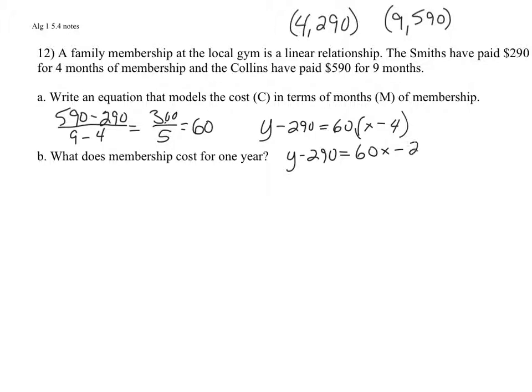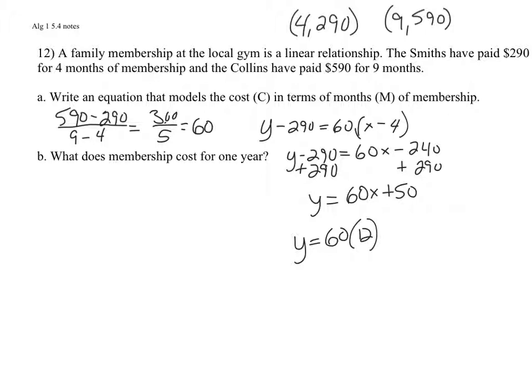So that would be 240. And then if I add 290 to both sides so that I can get y all by itself, then I'll have y is equal to 60x plus 50.